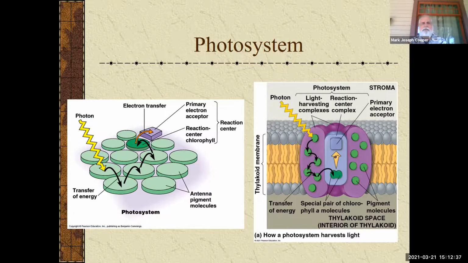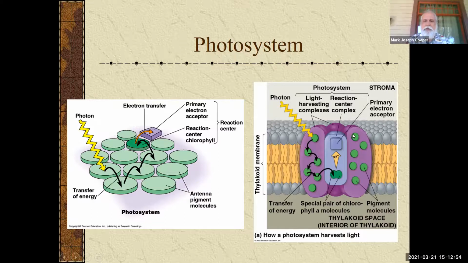Now, the picture on the right is kind of this concept, but a little bit different. It's showing you a protein in the membrane, and here, this would all be antenna assembly.